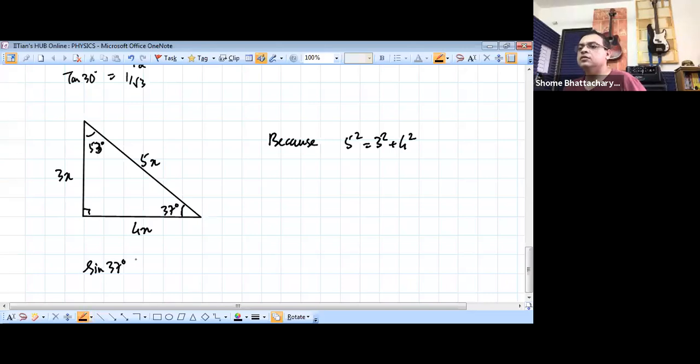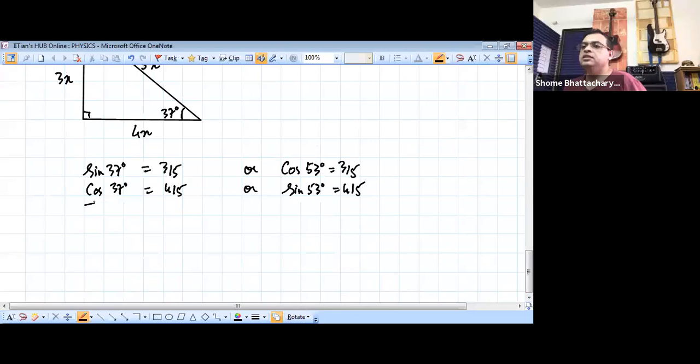So sine 37 becomes equal to 3 by 5. Or you can say cos 53 is equal to 3 by 5. So this is 90 minus theta. Similarly, cos 37 becomes 4 by 5, or you can say that is the same thing as sine 53, because that's the complement of 37.